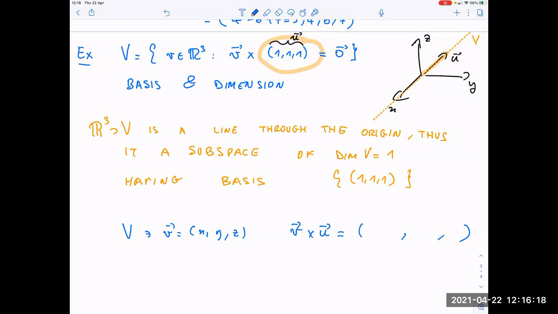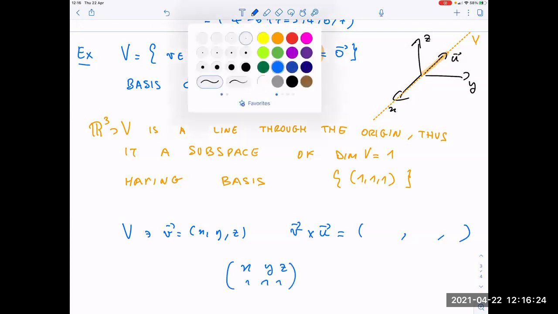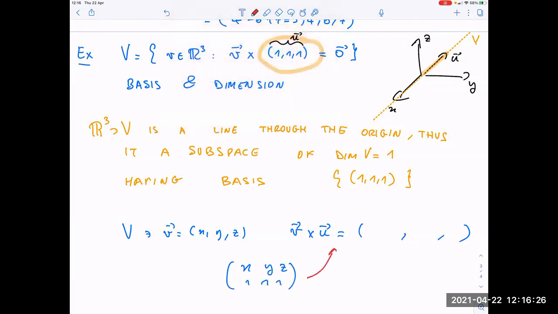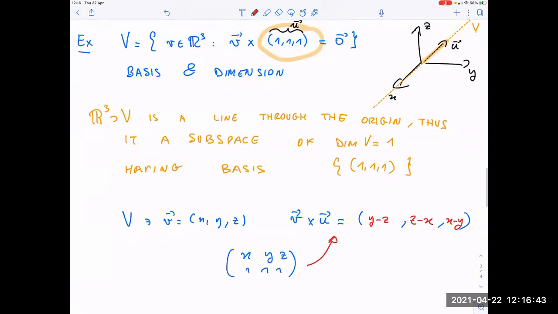For example, we can use the usual matrix to compute a cross product. And in this case, you will get Y minus Z, then Z minus X and X minus Y. And we want these three to be equal 0.